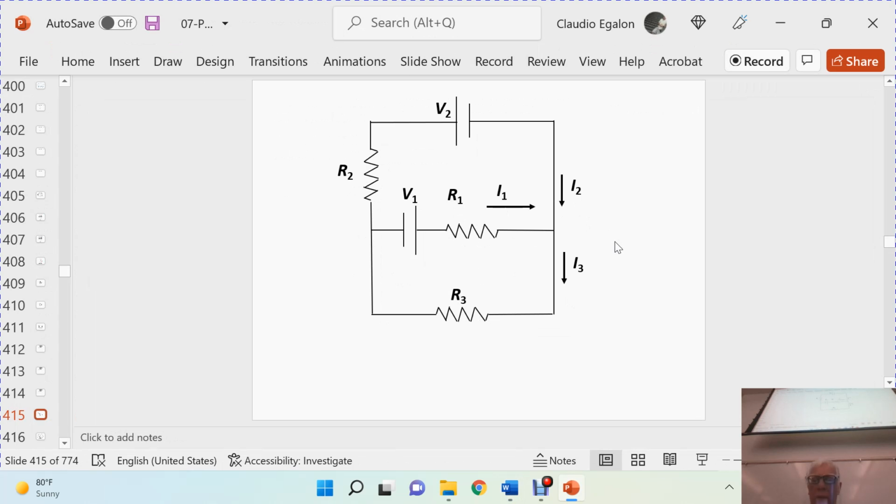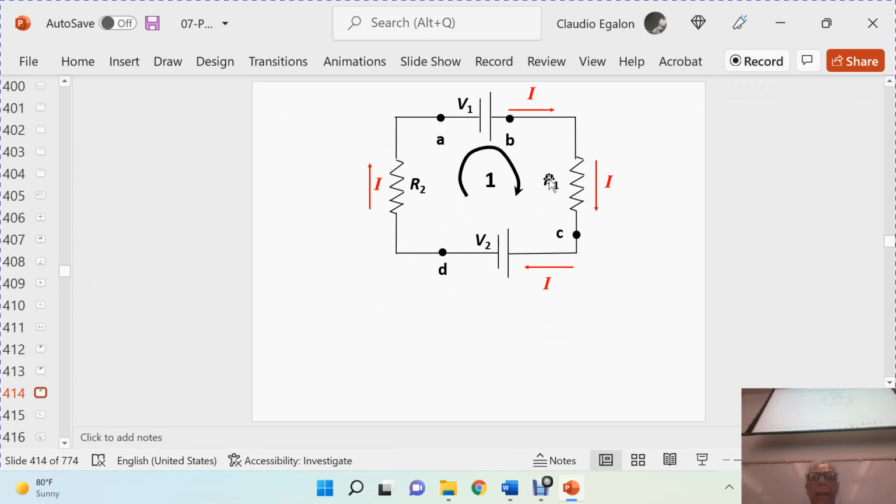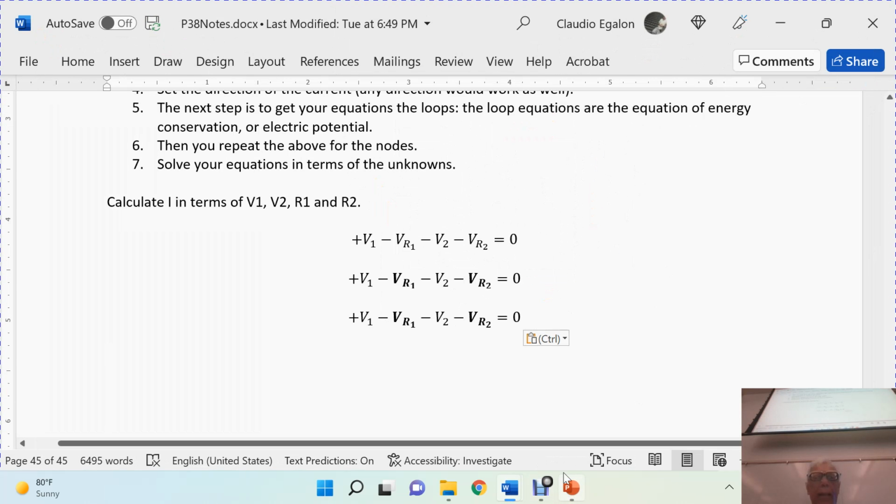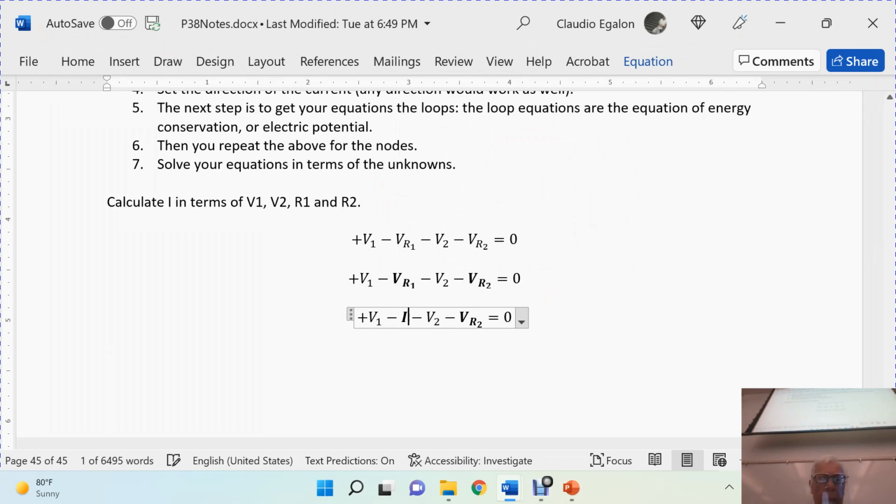I do not know the value of the current, and I want to find out what the value of this current is in terms of the other parameters. So we can go ahead and write I R1, I R2.